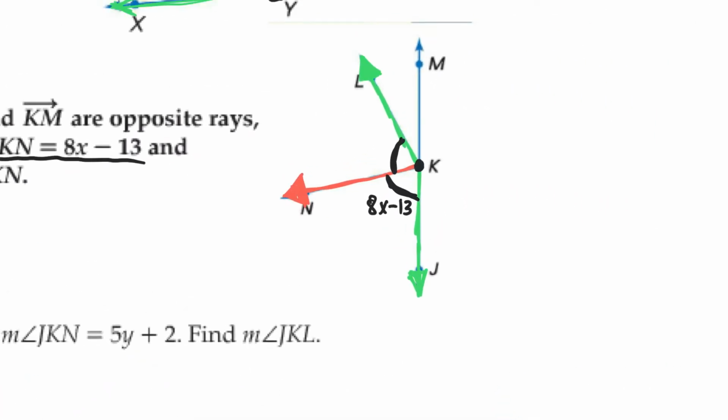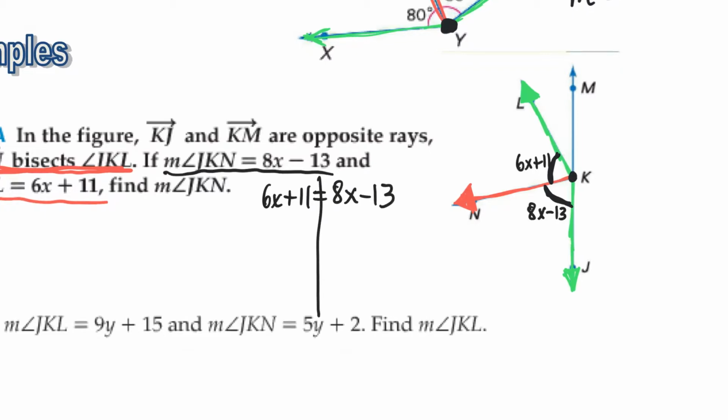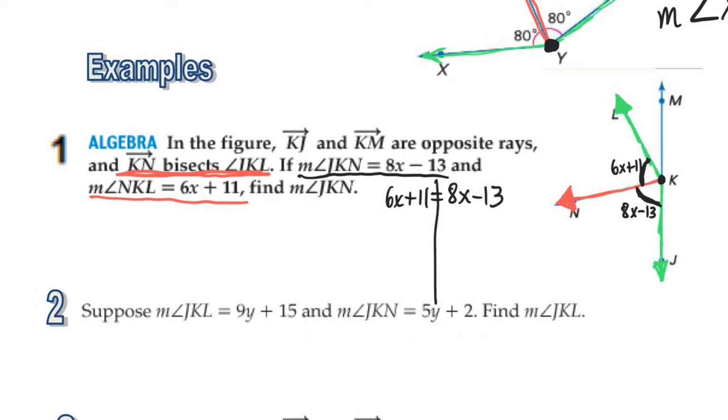Good. So now, what did we say is true of these two angles? They have to be exactly the same because this bisected it, cut it exactly in half. So I'm going to set 6x plus 11 equal to 8x minus 13. Then I'm going to solve for x so that I can plug x back in to find the measurement of JKN.